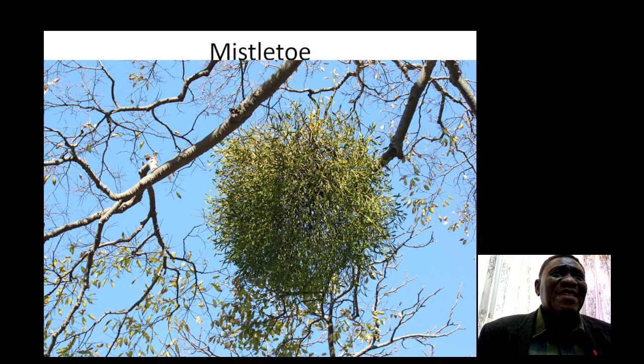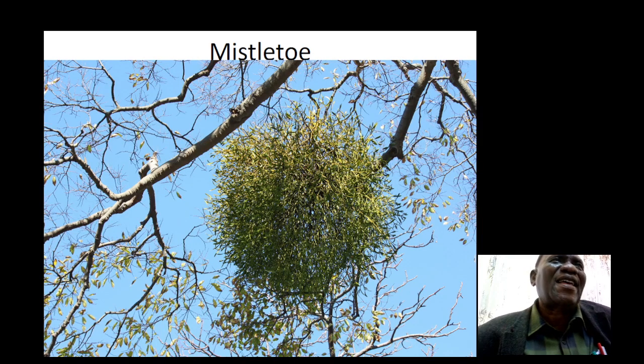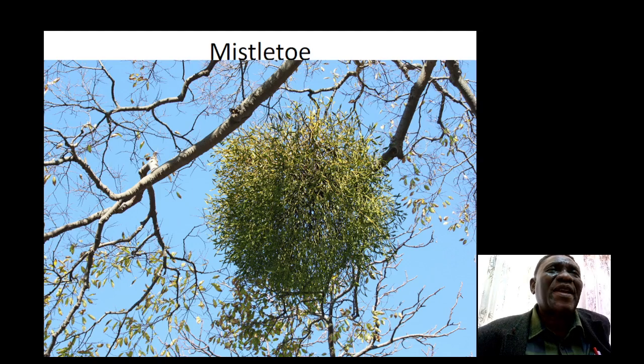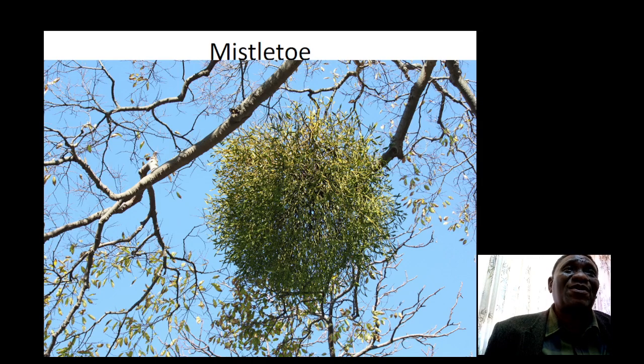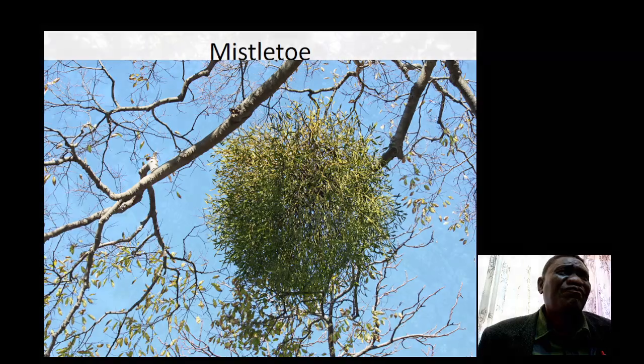This is out of interest. You can have shoot parasites which attack trees. If you might have heard about the local name Gomarara, this is the mistletoe which affects trees. Again, the shoot parasite on trees.